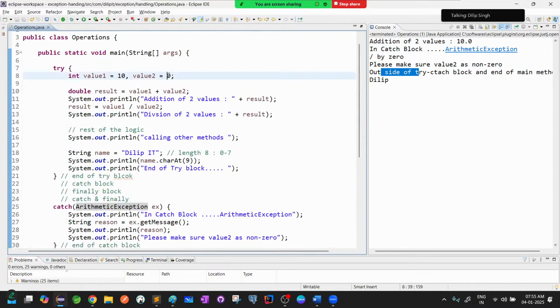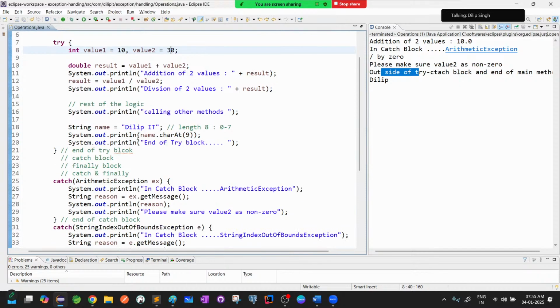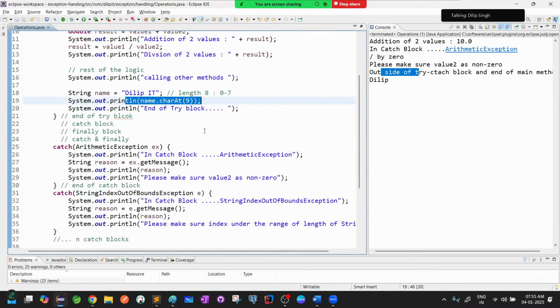Now similarly, if I give something non-zero here, what will happen? This time you get an exception here. What exception? String index out of bounds exception. The moment you get an exception at line number 19, it moves to the catch block section and verifies which catch block is responsible for string index out of bounds exception.